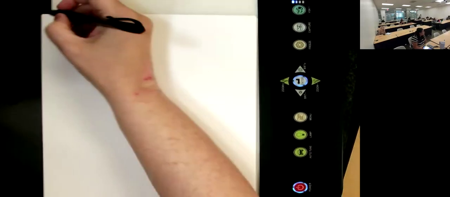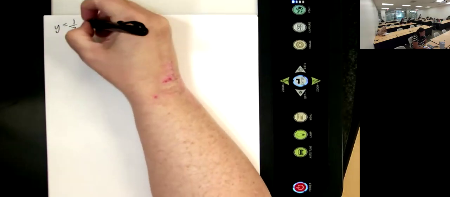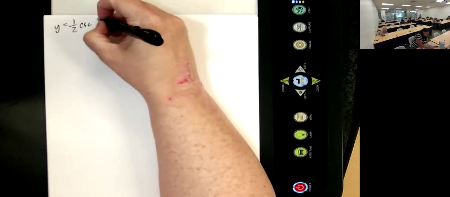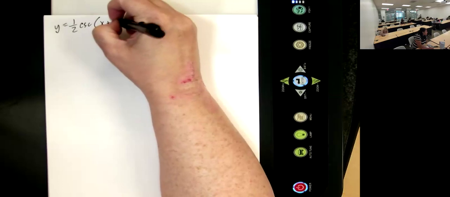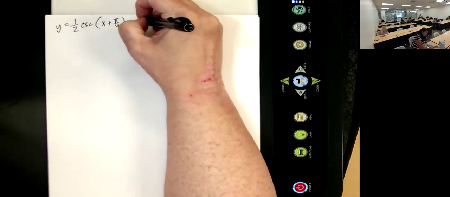Alright, let's kick this up a notch. Let's go y equals 1/2 cosecant. Maybe we won't alter the period, but we will shift the graph.